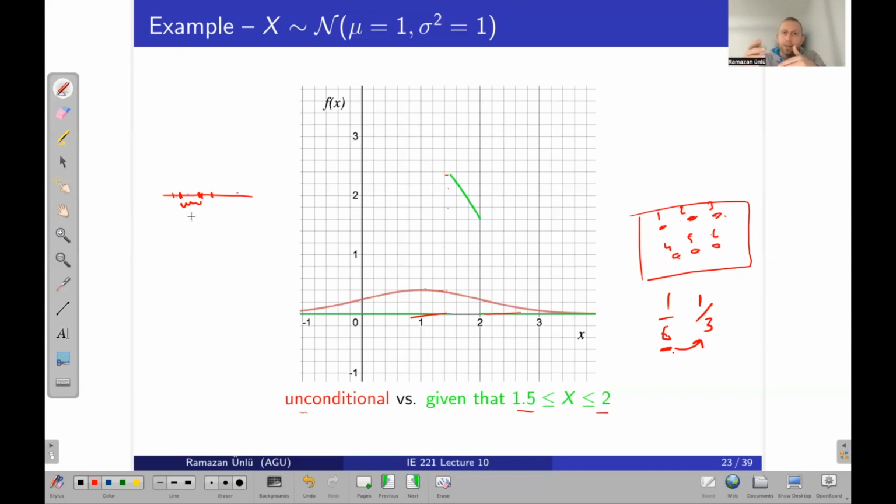So that's why the conditional events scale up the unconditional ones. That is the main and basic logic behind the conditional PDF and PMF.